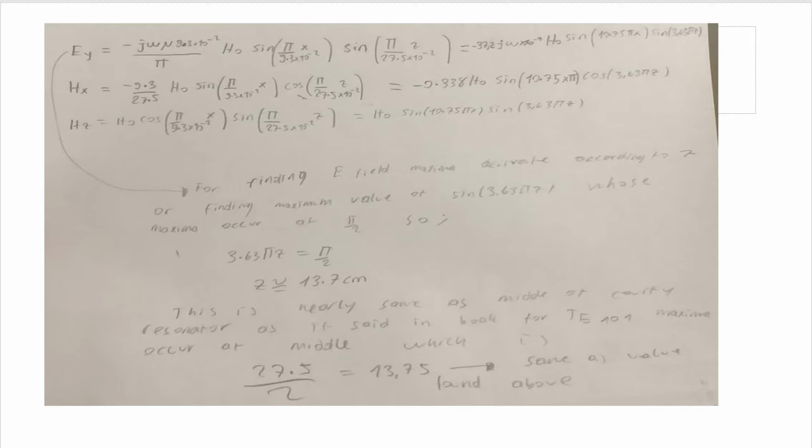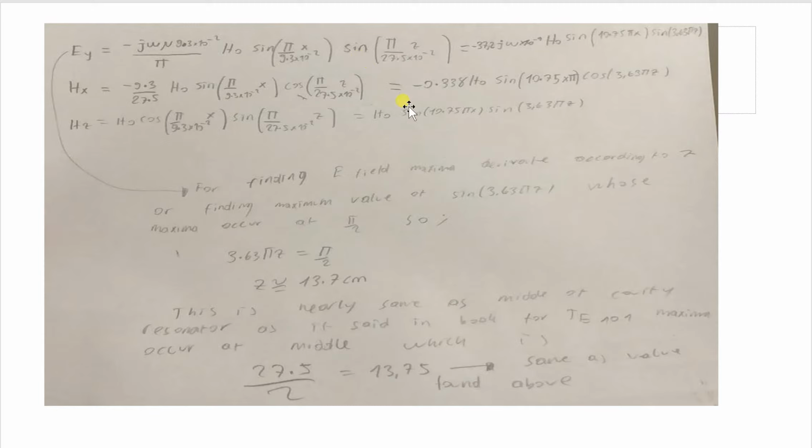Here I will calculate the antenna location. This is done by simply differentiating the EY component with respect to Z. Maximizing this function is very simple because it's a sine function.